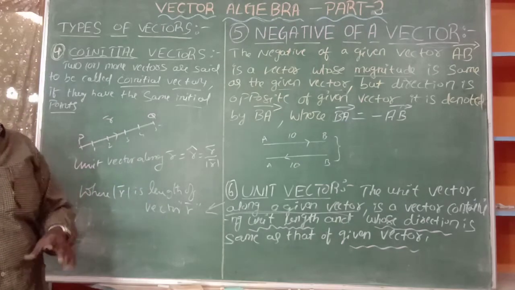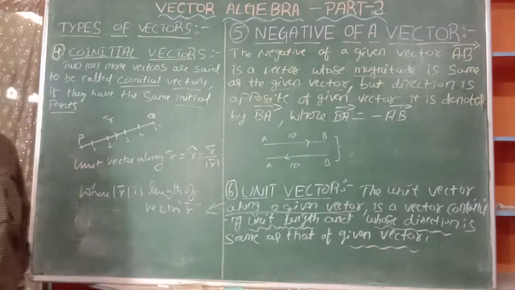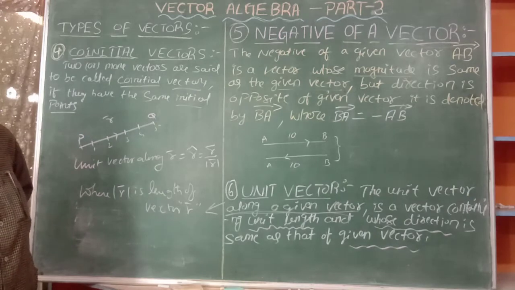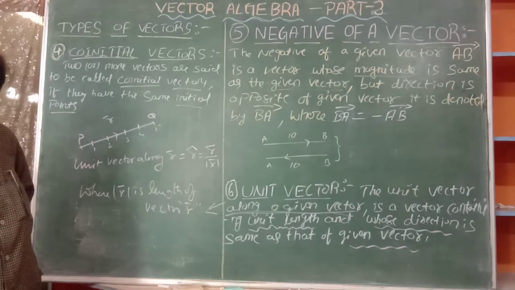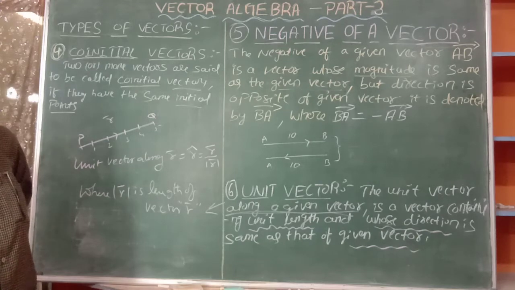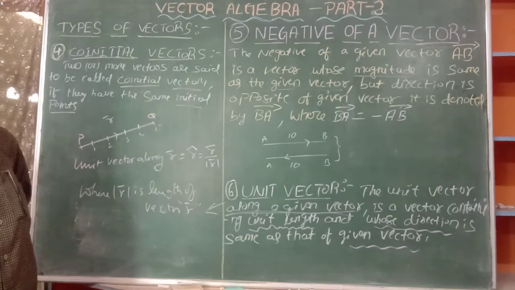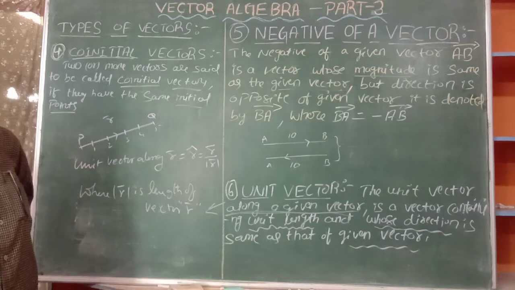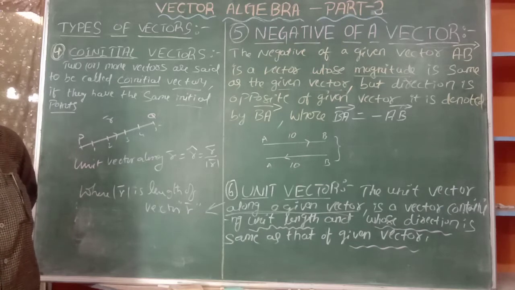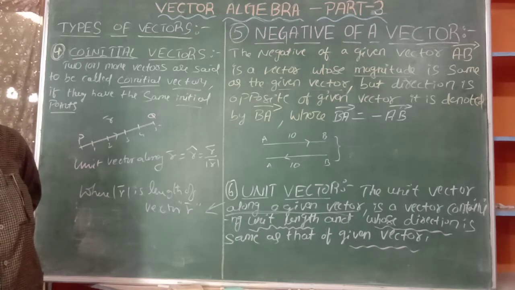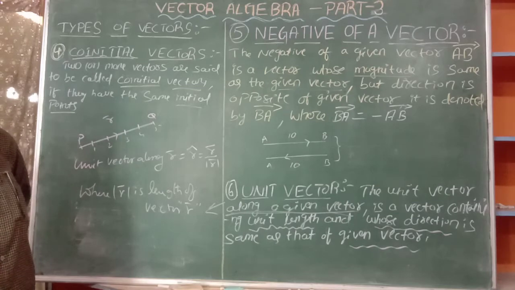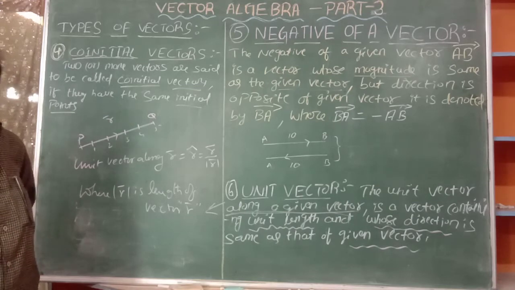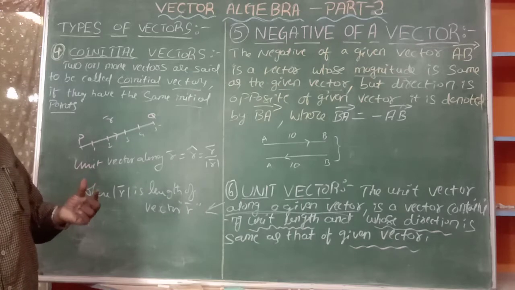So any vector X bar is there. What is the unit vector? X cap. What is X cap? X bar by modulus of X bar. Y bar is a vector. What is the unit vector along Y bar? The unit vector in the direction of Y bar is Y cap, where Y cap is equal to Y bar by modulus of Y bar. P cap means P bar by modulus of P bar. A bar is a given vector.